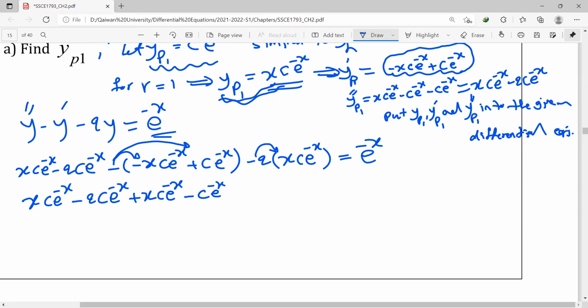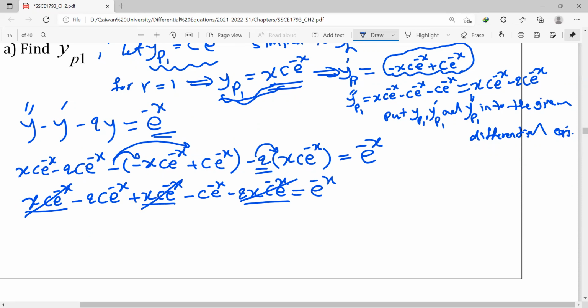I have just entered this negative sign into the bracket, and to enter this negative 2 into the bracket, we get minus 2x c e to negative x. It equals e to negative x. Look, here we have x c e to negative x and x c e to negative x, which means 2x c e to negative x. With minus 2x c e to negative x, these cancel out.